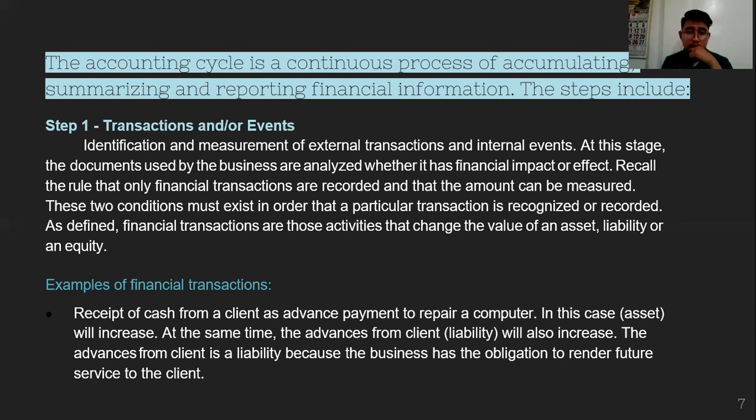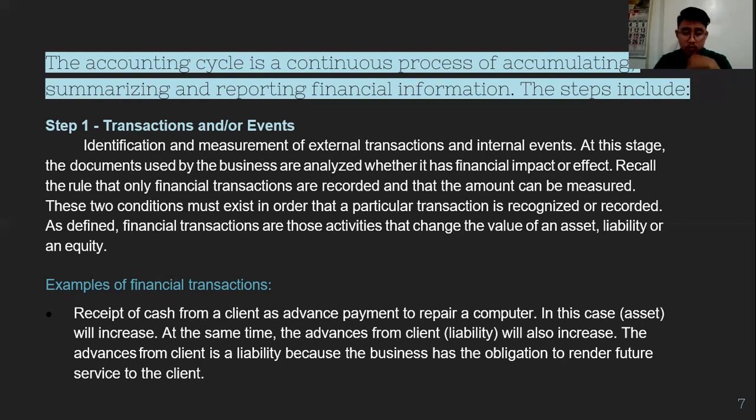At this stage, the documents used by the business are analyzed to see whether they have a financial impact or effect. Every transaction that happens in a business, you need to analyze if there is a financial impact or effect on the business.